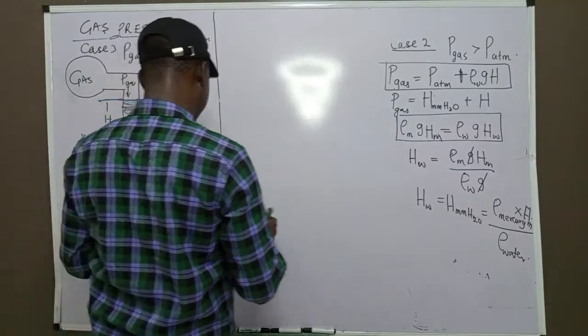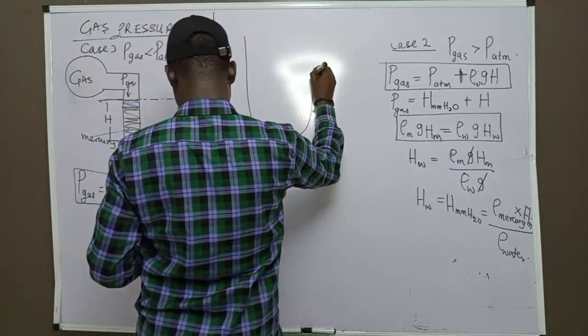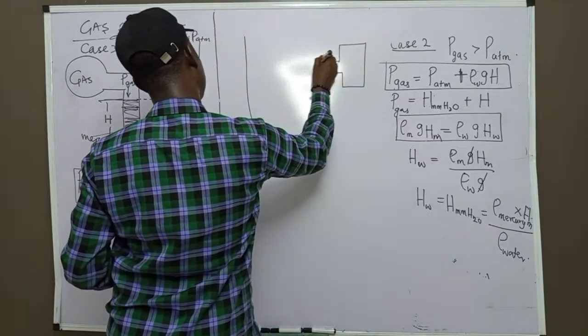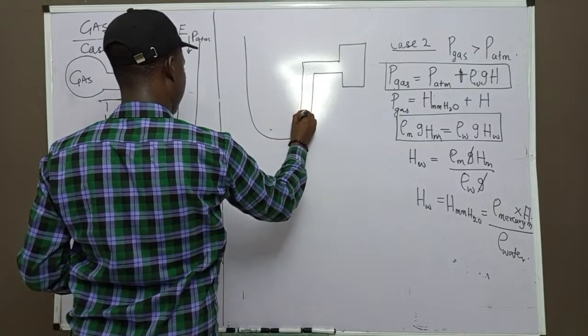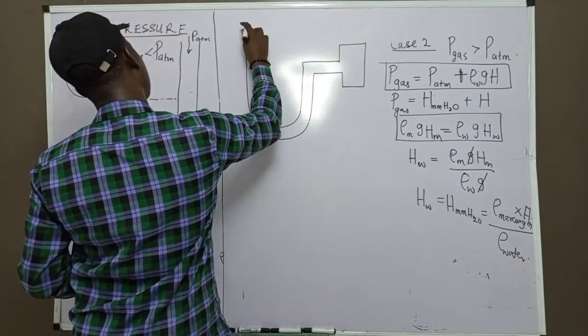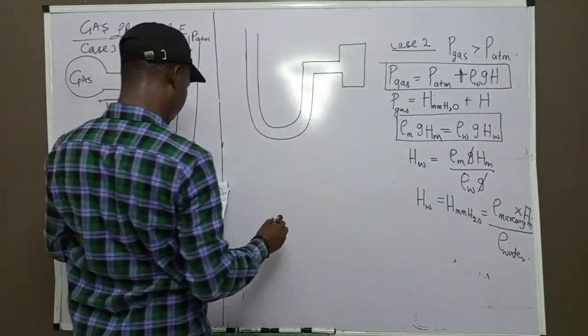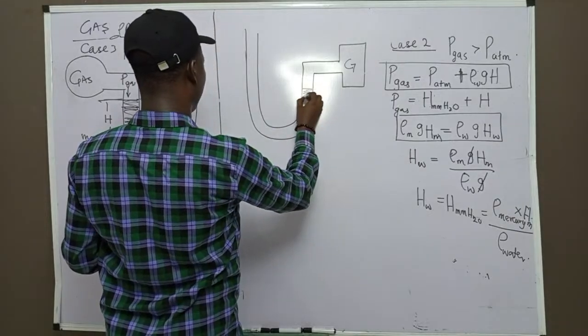Now let us look at this question. Quickly, I will draw the diagram. Now this is the diagram given to us. They give us G as the gas, and we are given a liquid.